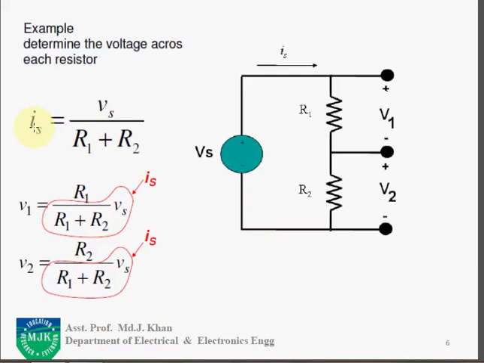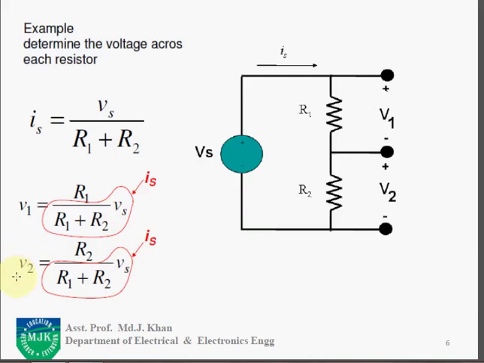The total current IS, the supply current, by Ohm's law will be Vs upon R1 plus R2, the total resistance connected in series. Now the voltage across the first resistance R1 will be V1 equal to IS into R1, the main formula, but in place of IS we put this equation Vs upon R1 plus R2.